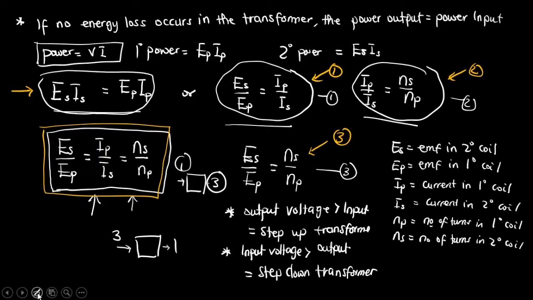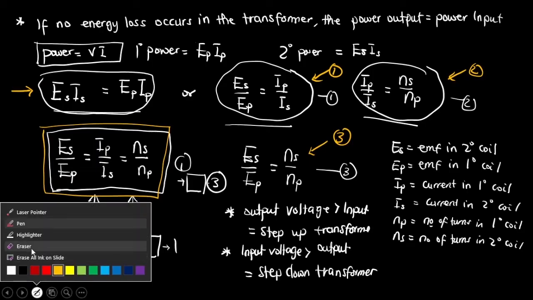Now let me quickly draw what a step up and step down transformer looks like, and then we can continue from there. Mind you, these are the expressions that we are going to be using for our calculations.